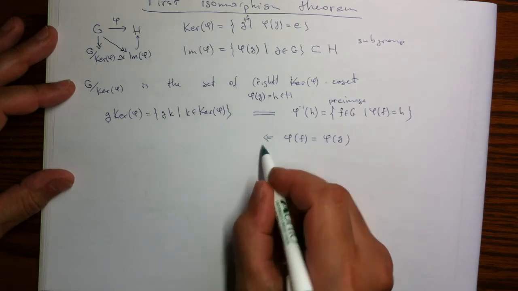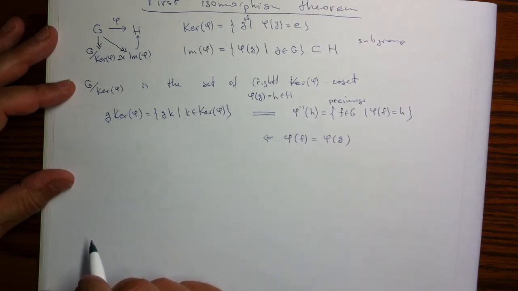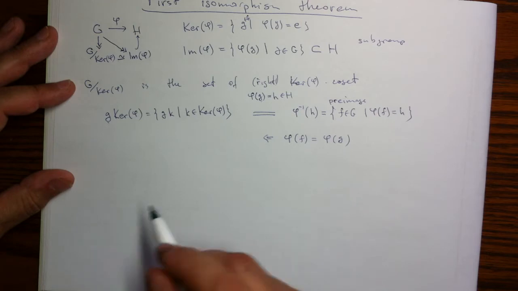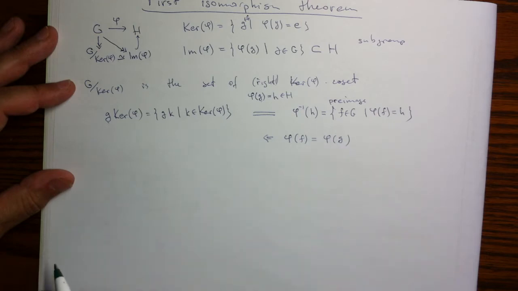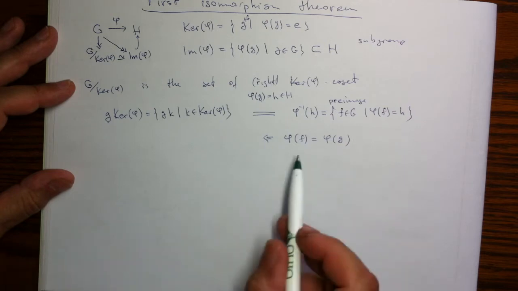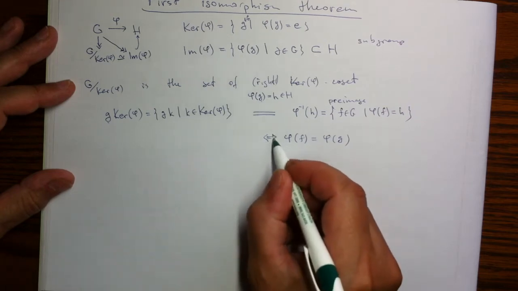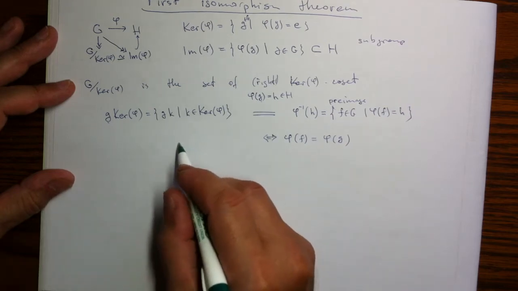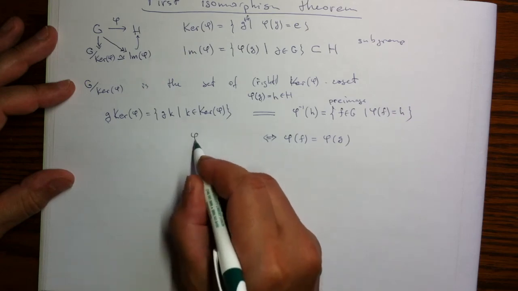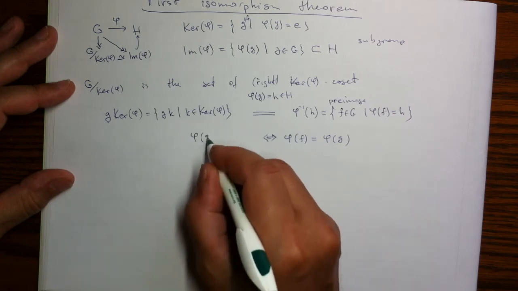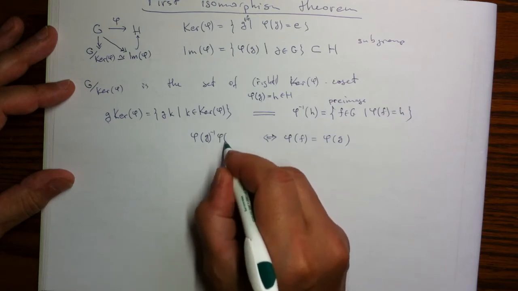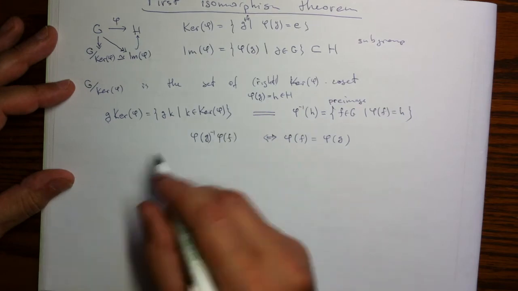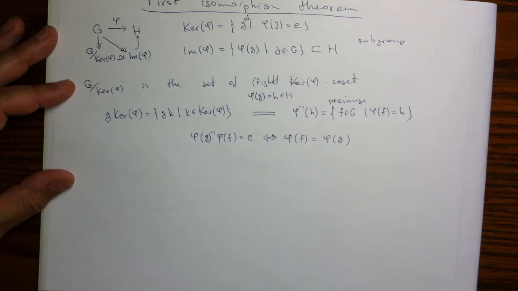So from here, what we can write is just rewrite this equation. It's an equation in the group H, and we can rewrite it using inverses. So instead of this equation, we can equivalently write it as, say, phi of g inverted multiplied with phi of f is equal to the identity.